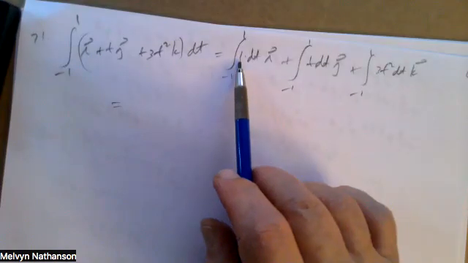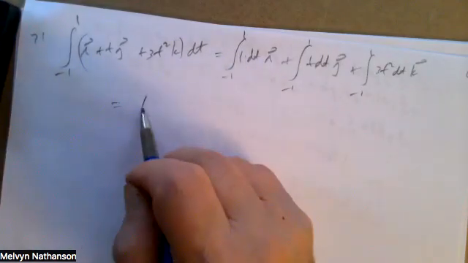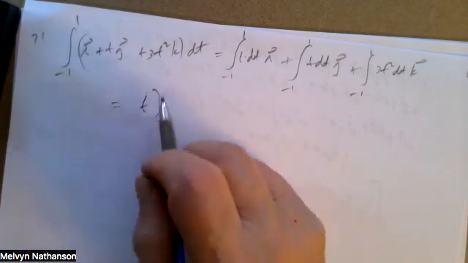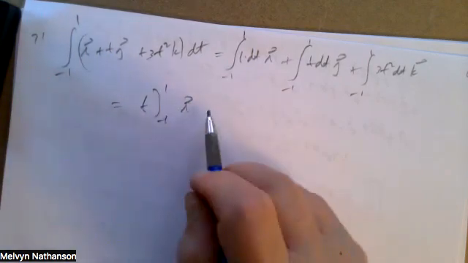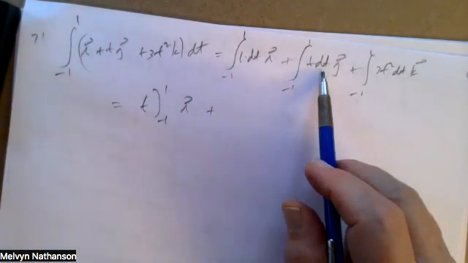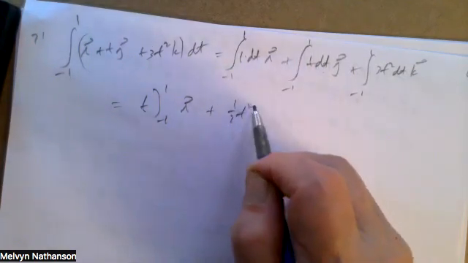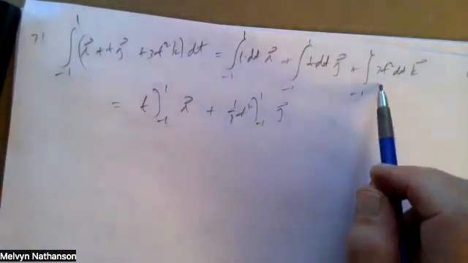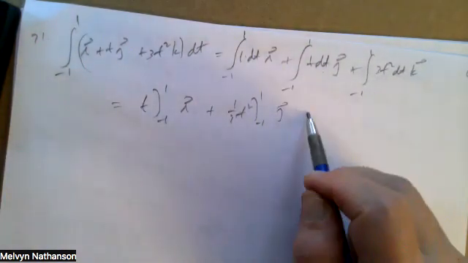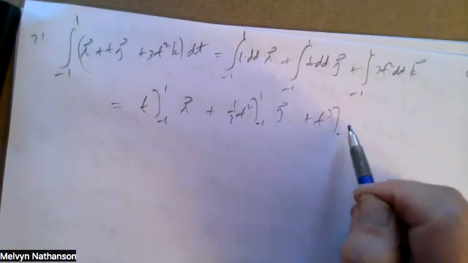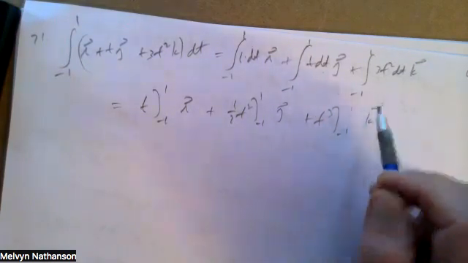The integral of 1 is t, so this is t evaluated from -1 to 1 i. The antiderivative of t is a half t squared, evaluated from -1 to 1 j. The integral of 3t squared is t cubed, evaluated from -1 to 1 k.